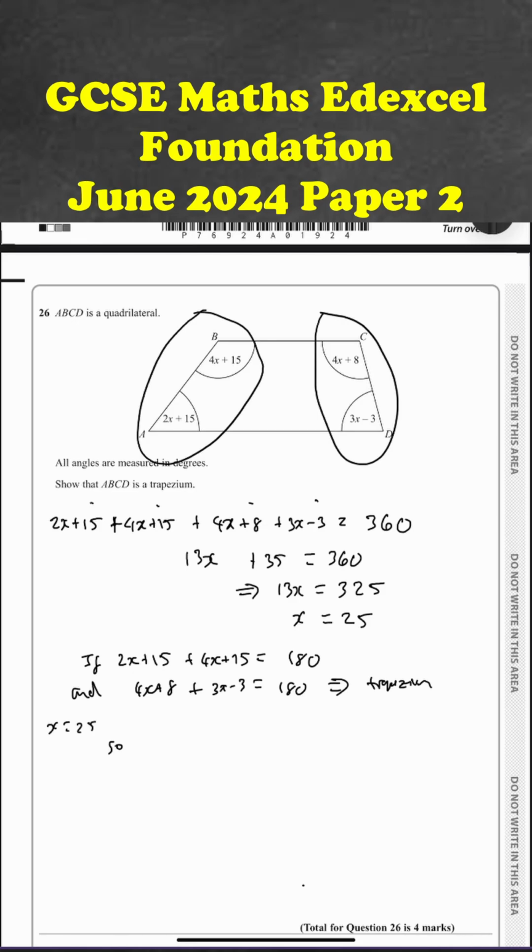So 2x plus 15 is 65. 4x plus 15 is 115. And that does equal 180. 4x plus 8 is 108. 3x minus 3 is 72. That also equals 180. So ABCD is a trapezium.